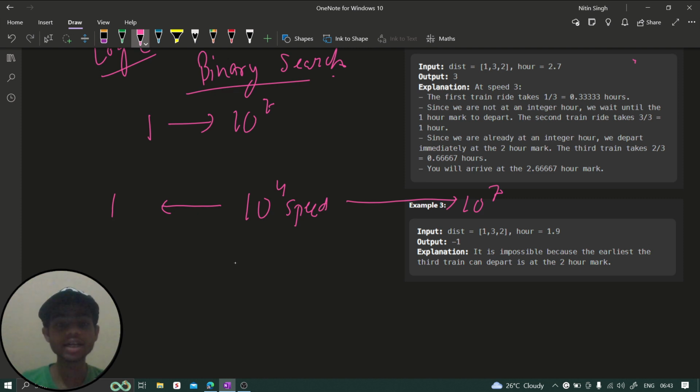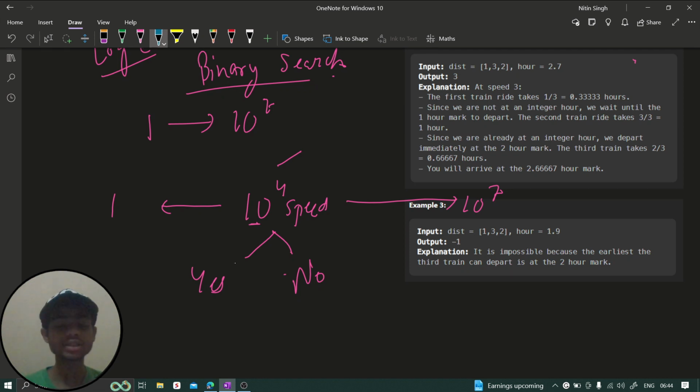So this is the condition. We have seen this case: yes, we can reach our office if the train speed is 10 raised to 4. But if the train speed is 10 raised to 4 and we still are not able to reach the office, then it is sure that on the left side, till 1, we are not able to reach the office, right? This is guaranteed. But on the right side we may reach the office, so we will move to the right side.